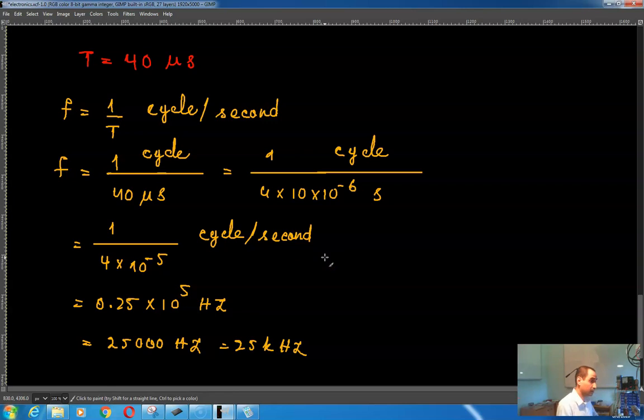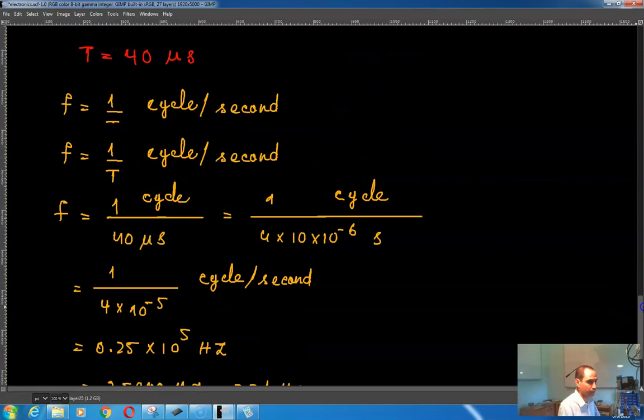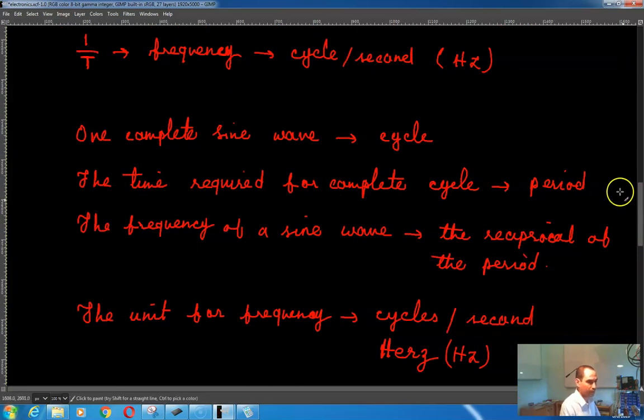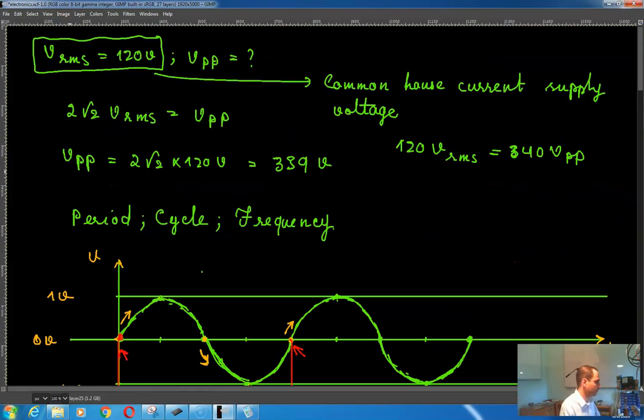Right, so that is basically that. Now the next thing that we have, let's do another example over here.